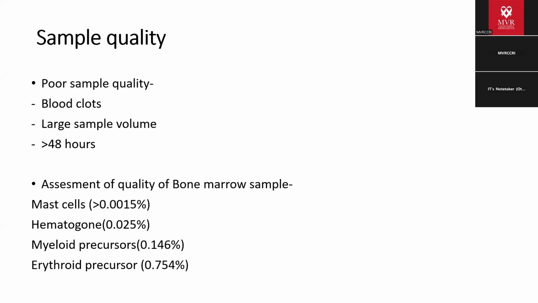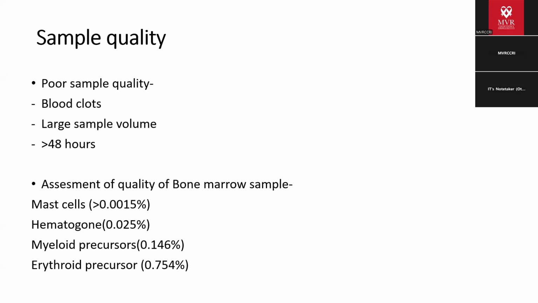So you need to mark the bottles, make it a habit, even in diagnostic work, so that we know which sample is going to be representative of the marrow. Sample volume or hemodilution is one cause of poor sample quality, and a sample which is assessed after more than 48 hours is definitely not going to be sufficient.